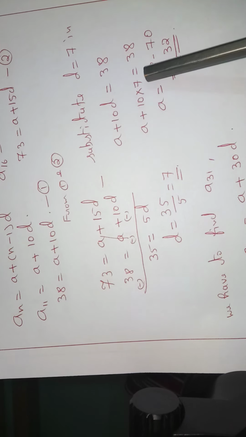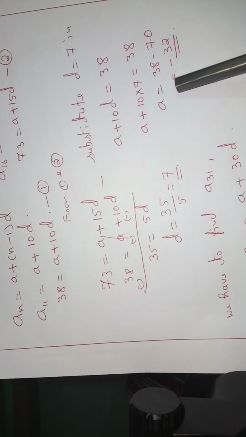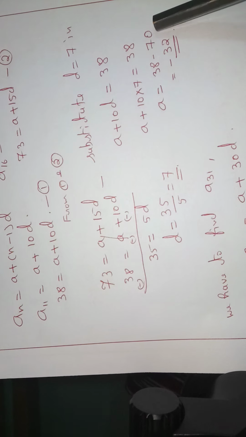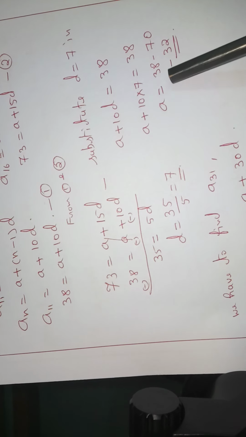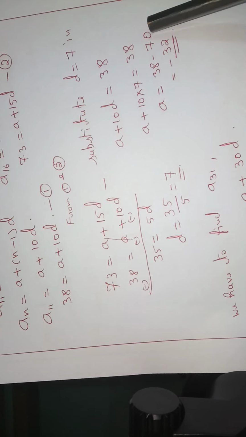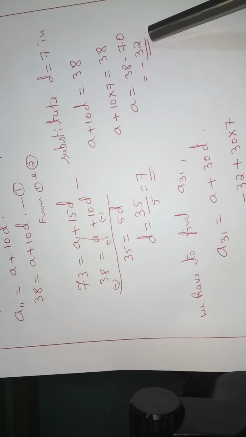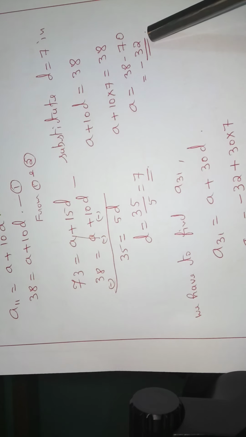A plus 10 into 7 is equal to 38. A is equal to 38 minus 70. Not 70 minus 38, 38 minus 70. Answer is how much? Minus 32. Now what is the question?